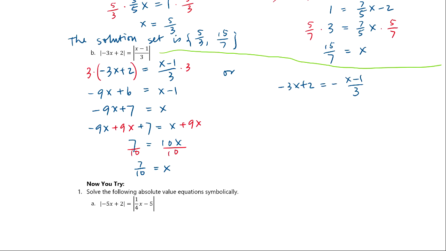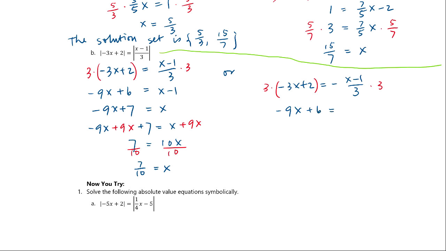And to simplify this, I'm going to do the same thing as before, where I'm multiplying 3 on both sides. And as I multiply 3, make sure that you don't lose a negative sign in the very beginning of the right-hand side. So on the left, it's still going to be the same as before. It's negative 9x plus 6.